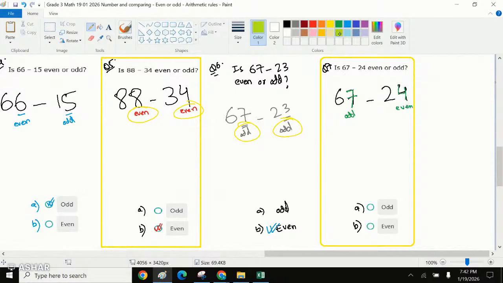So what should be the answer? One number is odd, one is even. Yes, thank you, Baruch. The answer would be odd because one is odd and one is even.